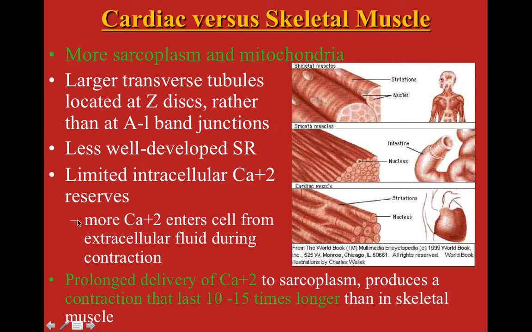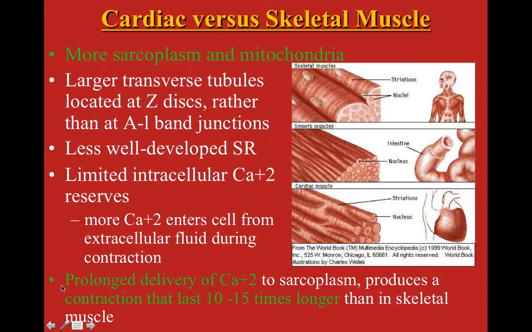More of the calcium ion enters the cell from extracellular fluid during contraction. And the way that this works is, like I said, because cardiac muscle is able to produce such a high pressure with all the force that's involved, the extracellular fluid can flood into the muscle fibers with that calcium ion to replenish what's used up during the muscle contraction.